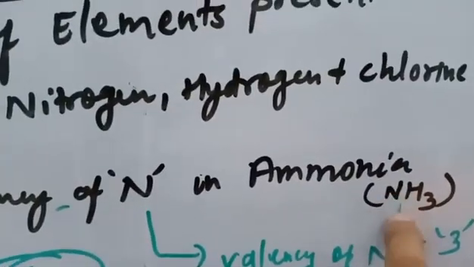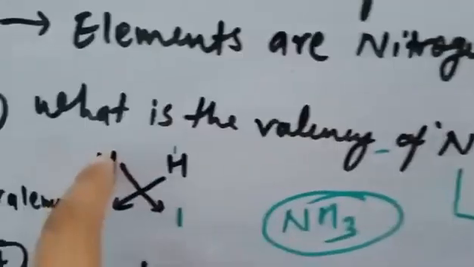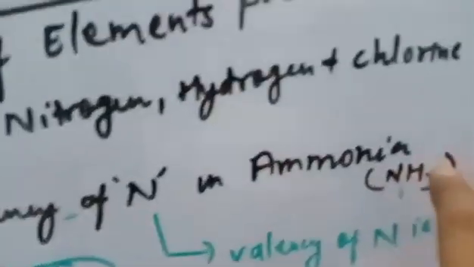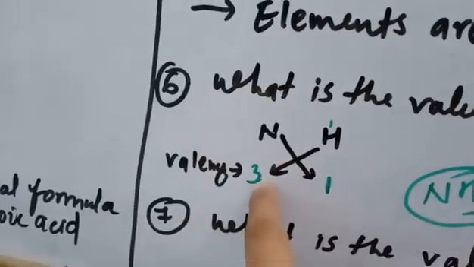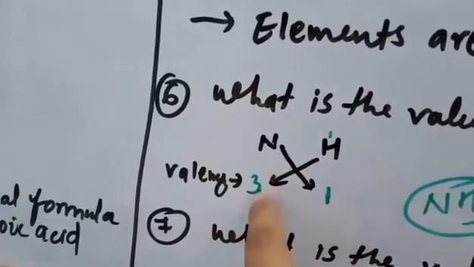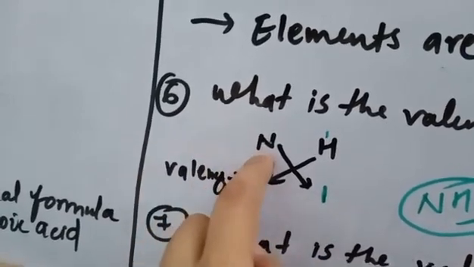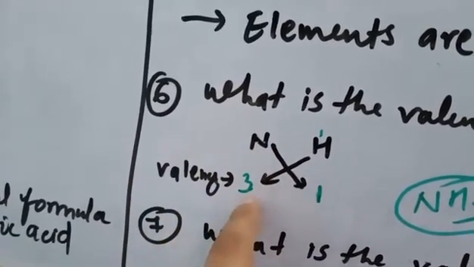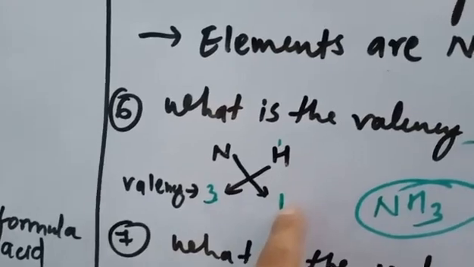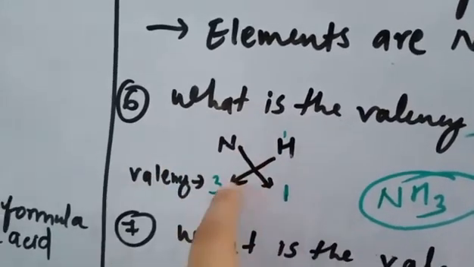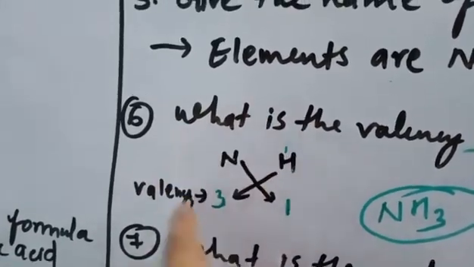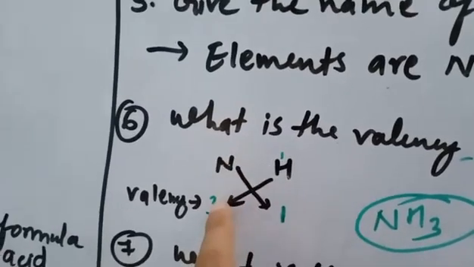Write N and H. You have got 1, which means by crossing over you write 1 here, and by crossing over you have got 3. So write 3 here. When you see the valency, nitrogen will get the valency 3 and hydrogen 1, you know. So by seeing this only, the valency of nitrogen will be 3.